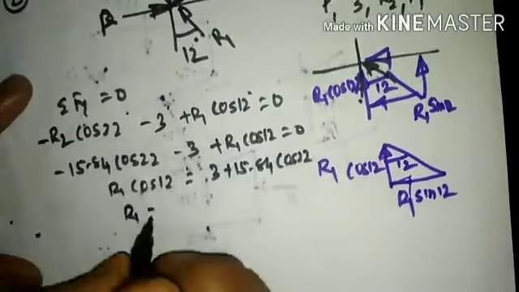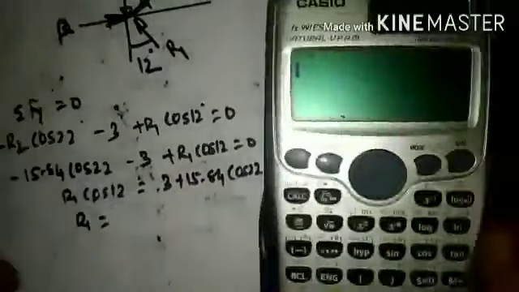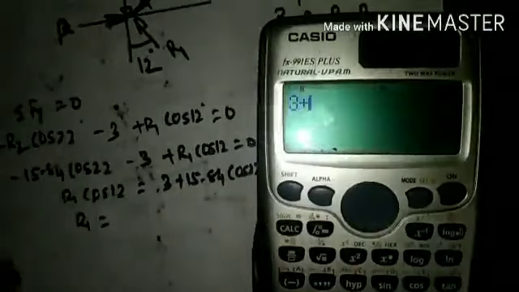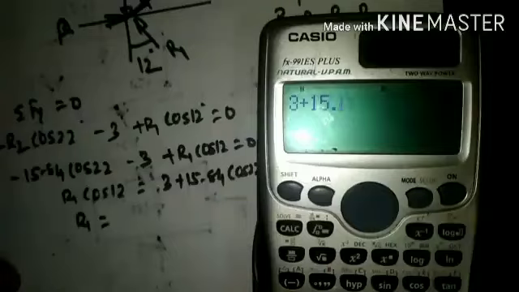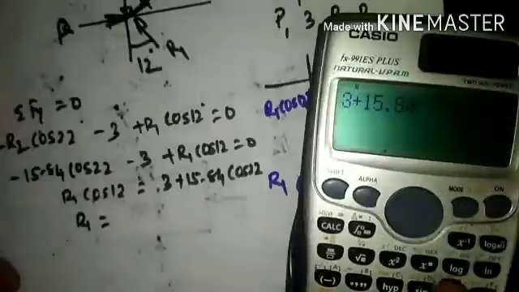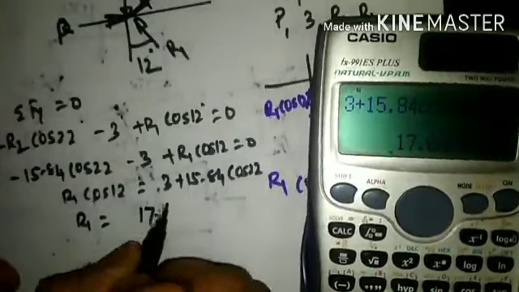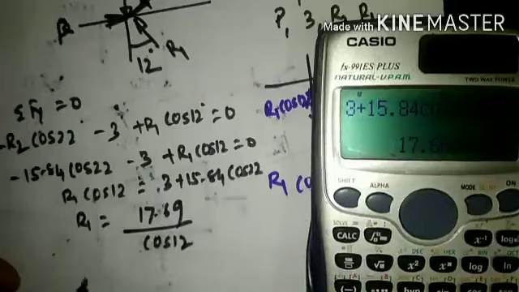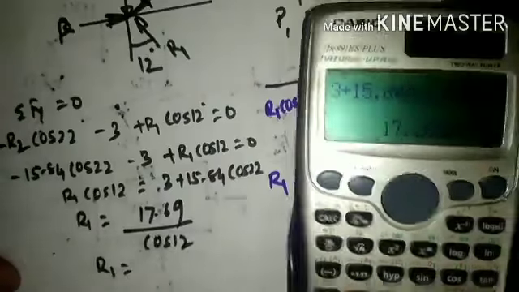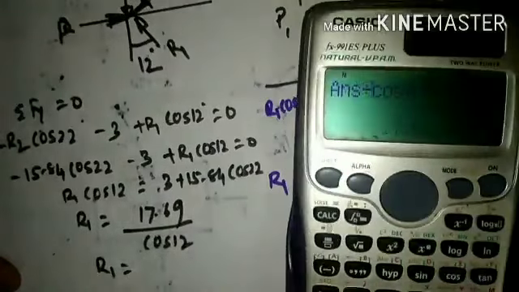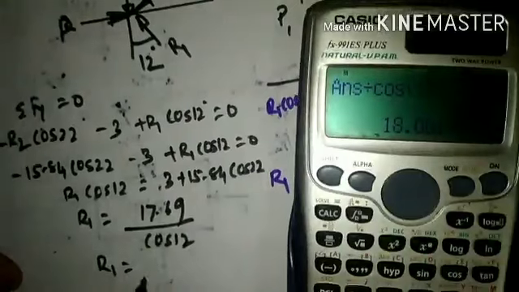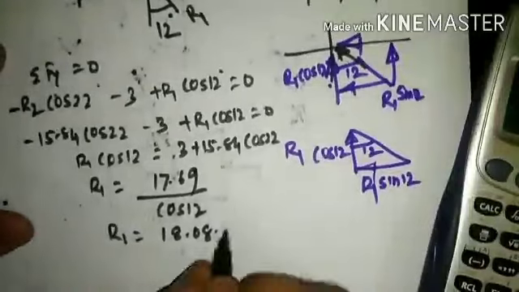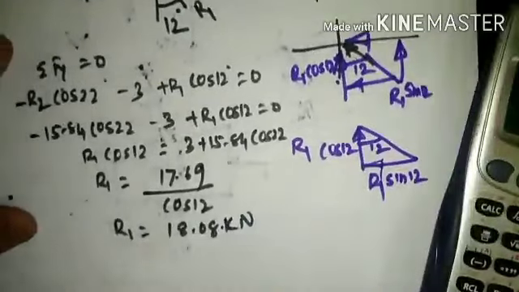So R1 will be equal to 3 plus 15.84 cos of 22 degrees, which shall come out to 17.6869, divided by cos of 12 degrees. So the R1 value will be 18.08 kilonewton. This is the value of R1 now.